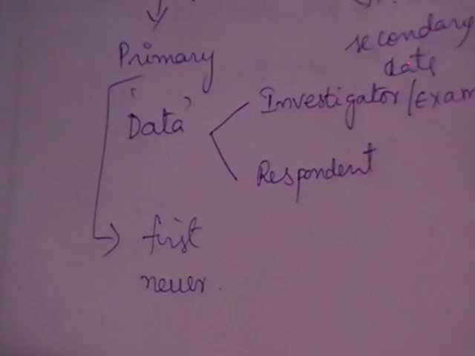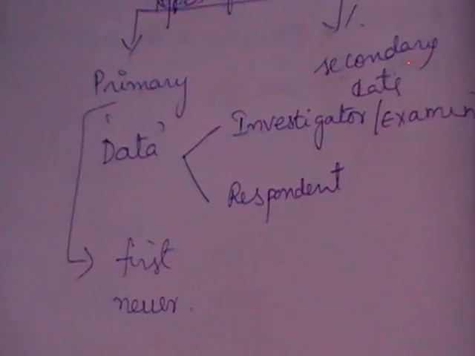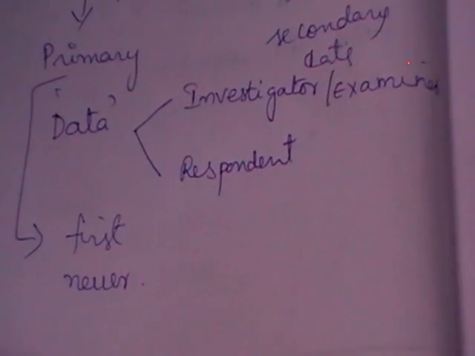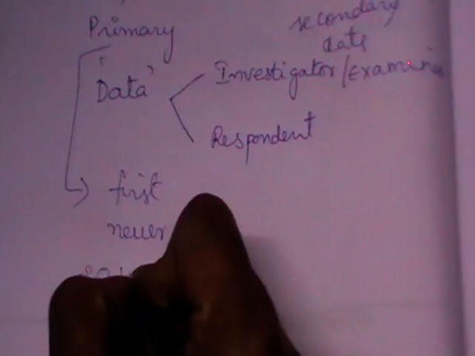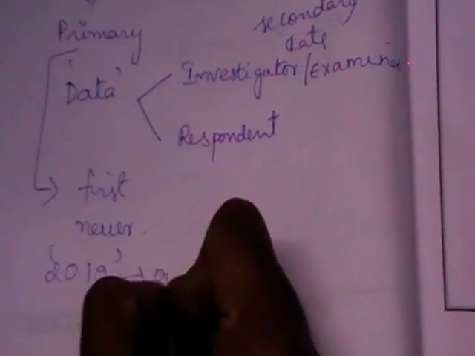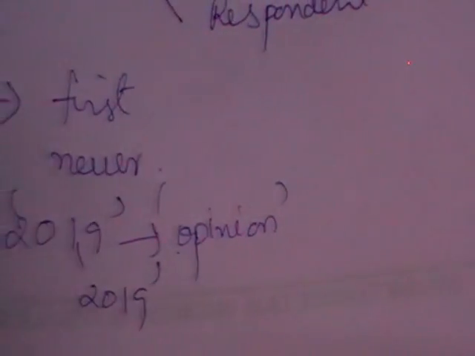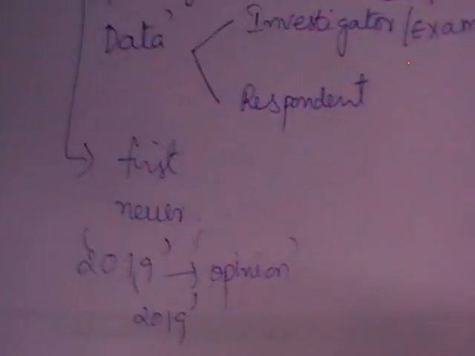An example: for the elections conducted in 2019, an opinion poll is done and the data is collected before the elections, like one month or two months before. This is not data which was already collected, and the results will be analyzed.